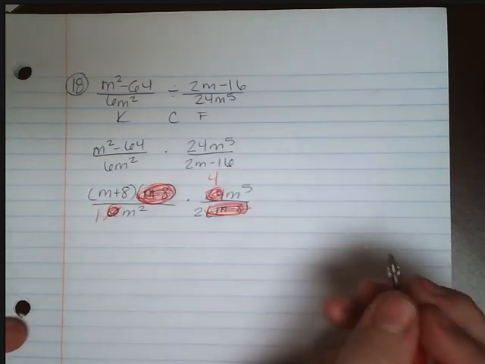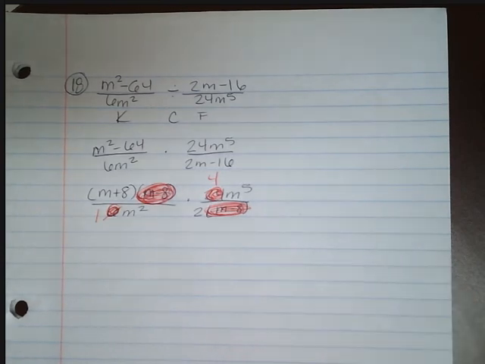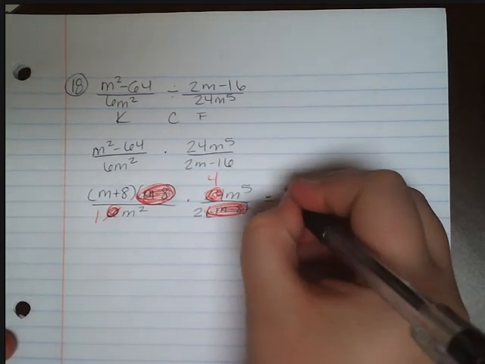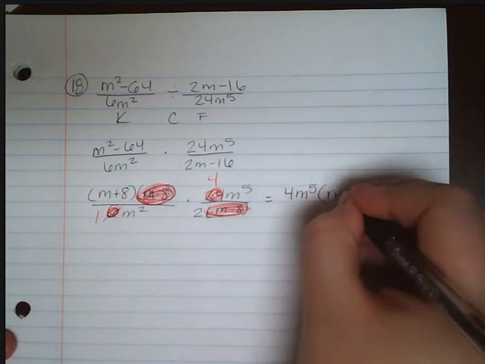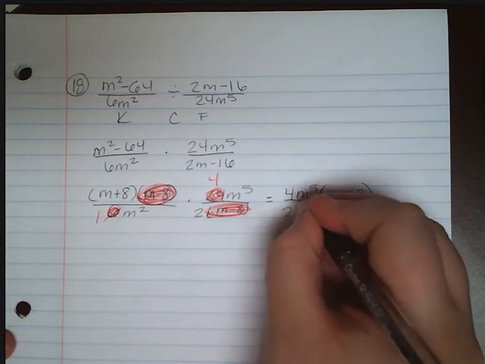But notice I can still simplify something. I can do it now or later. Since I can do it later, I'm going to show you what happens if we weren't to do it just yet. So I'm left with 4m to the fifth times m plus 8 divided by 2m squared.